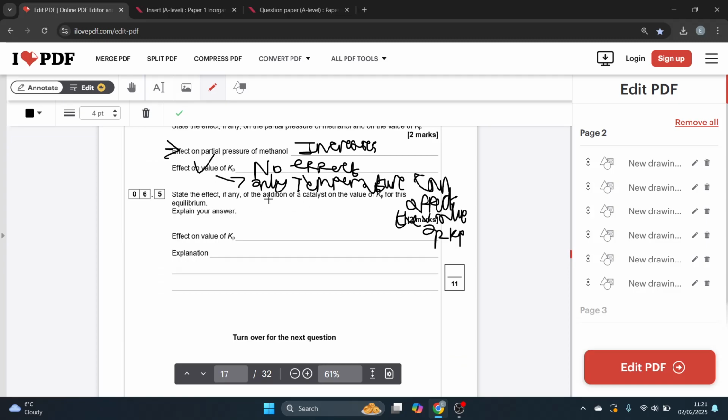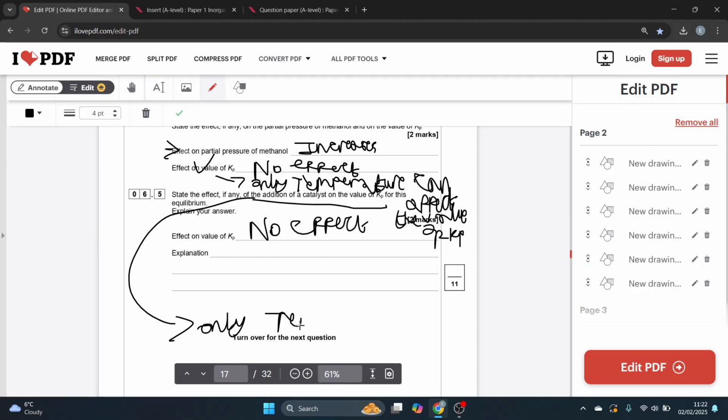6.5 says the effect of any addition of a catalyst on the value of Kp. No effect, like I wrote before. And I'll do it again just to reinforce the idea that only temperature can affect the value of Kp. And it's the same with Kc. Only temperature can affect the value of Kp.